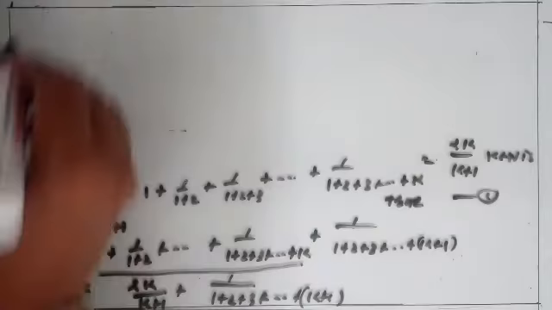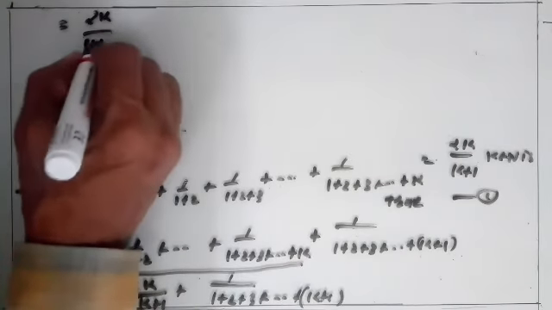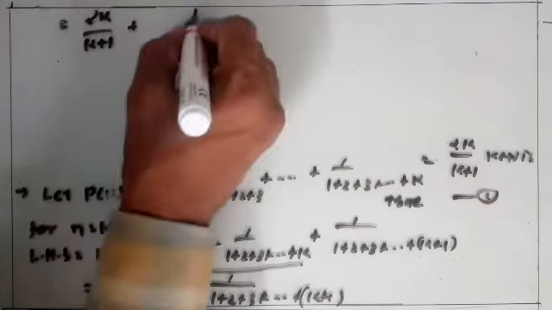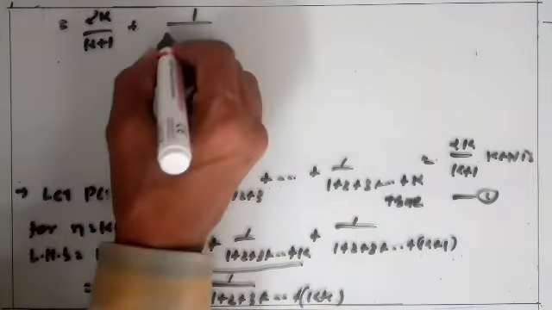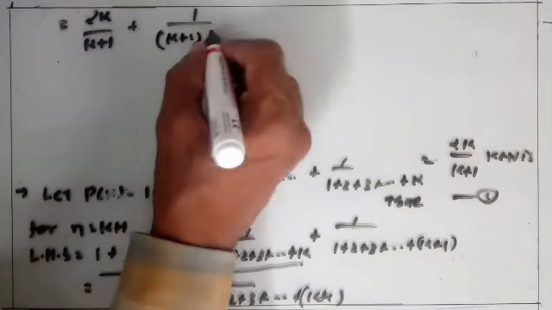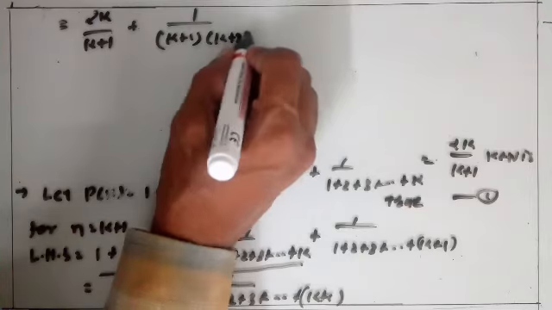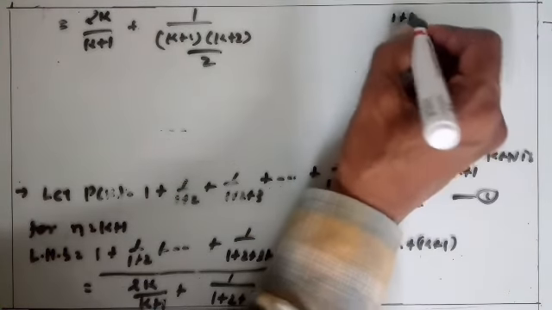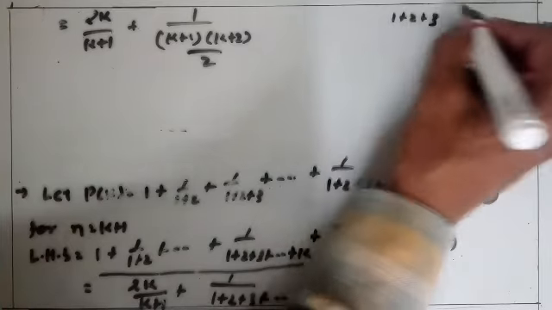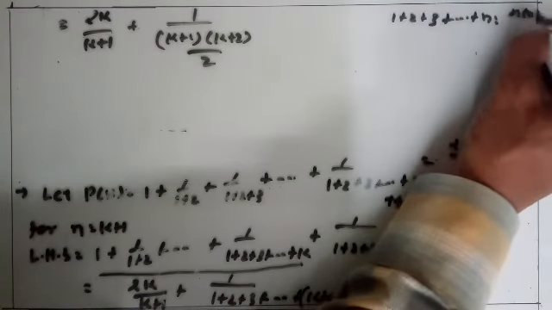Now simplify this. So it becomes 2k upon k plus 1 plus 1 upon, here we know that the sum of the first k plus 1 terms is equal to k plus 1, k plus 1 plus 1, that is k plus 2, upon 2. You know that 1 plus 2 plus 3 plus up to plus n is equal to n into n plus 1 upon 2.